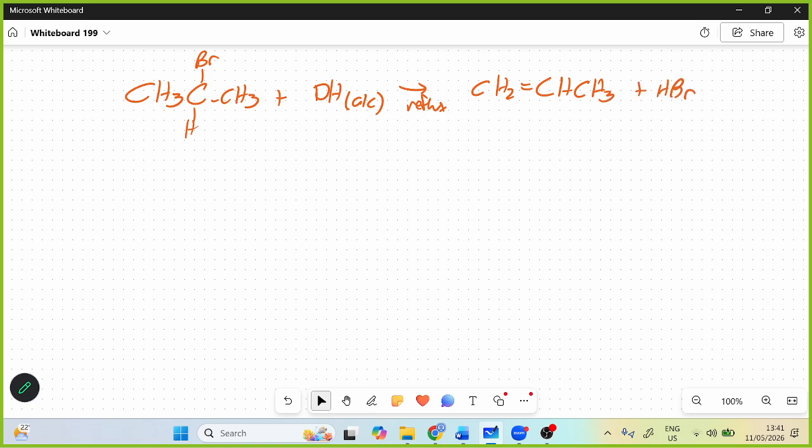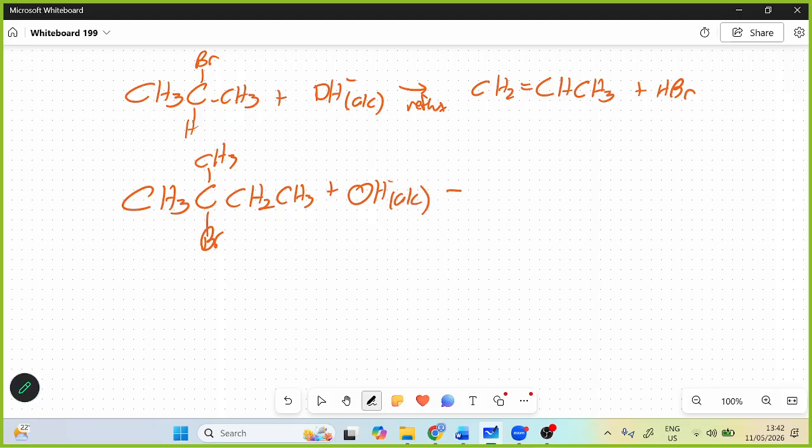Remember, if you can get more than one product, you have to draw all the possibilities. And for the second one, 2-bromo-2-methylbutane, you're going to have two possibilities. So you should actually try and write them both.